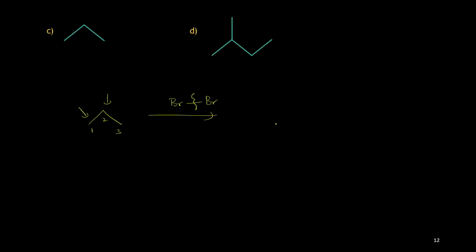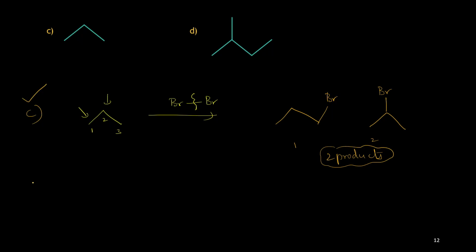So in this case, I'll get my bromine attached here, or my bromine attached here. So how many products do I get? This is 1, this is 2. So I got 2 products. So this option is C. The question is asking for 2 products, so I got this. Now I have D.